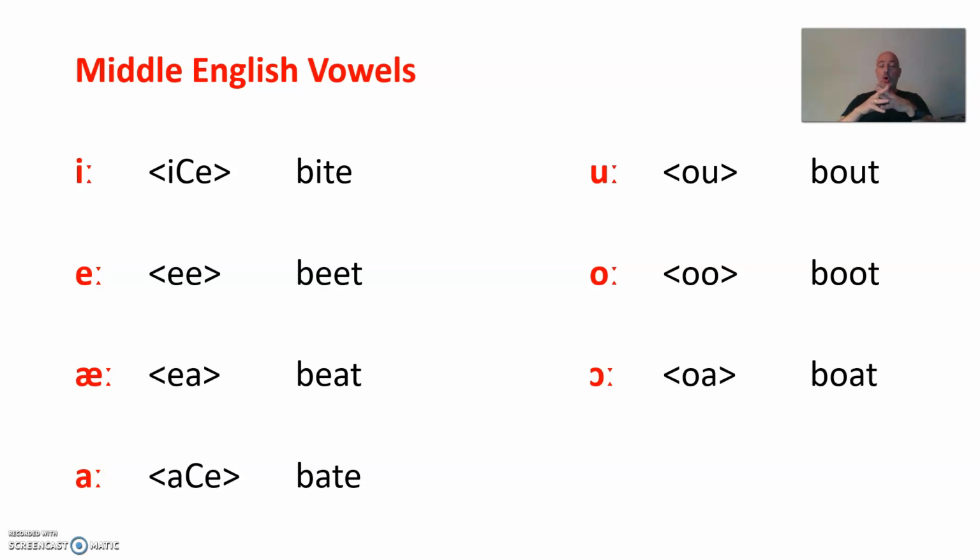Then you have long E, usually spelled with a double E, as in bed, and this is how you would pronounce it in Middle English. And then you have a sort of open vowel, an open e, usually spelled ea. So there's a difference between the two bed vowels.